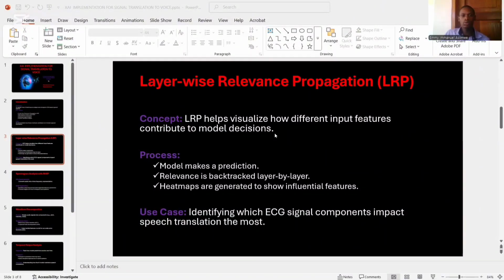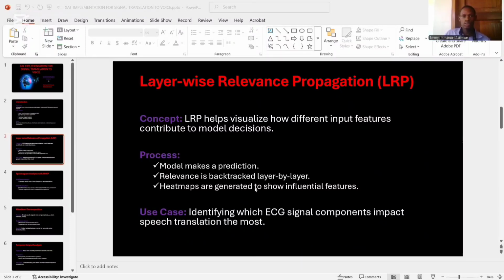We were also able to backtrack each model layer by layer. The model made a prediction, and the relevance is backtracked layer by layer. Then we generated heat maps to show influential features.